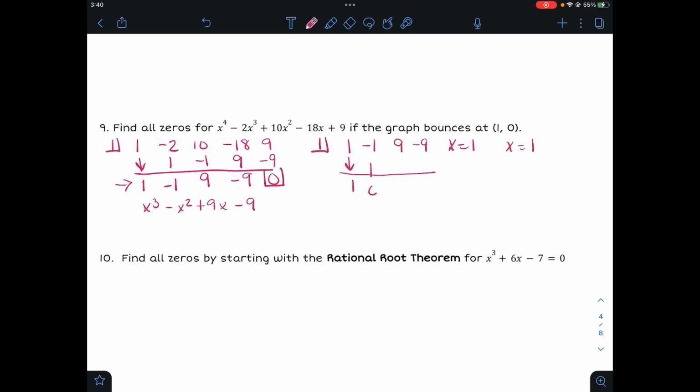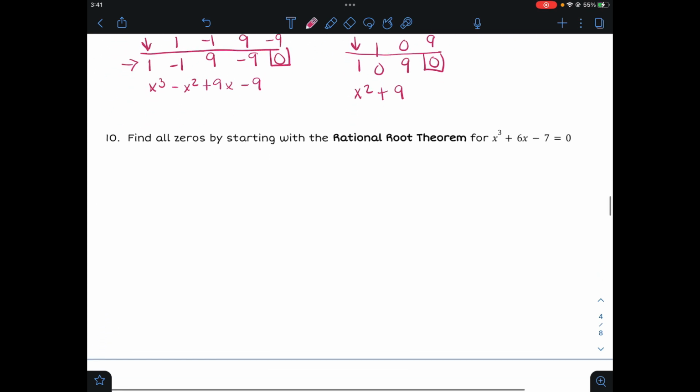So we have 1, 0, 0, 9, and 9, and 0. So now we started with the third this time, so this is going to be the second: x squared plus 9. And we've seen this one before somewhere, so you should be able to solve this part and then find your other 2 roots.